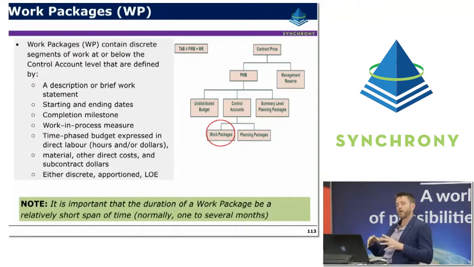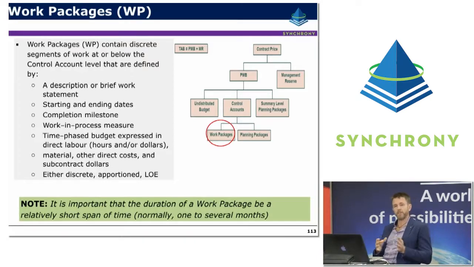Now, work packages often coincide with control accounts, so often work packages are that same point where there's one responsible manager and actual costs roll up to that point. These contain discrete segments of work, sometimes below, sometimes at the control account level. They'll include a brief description of the work, often taken from your WBS dictionary, a start and end date, and a completion milestone.